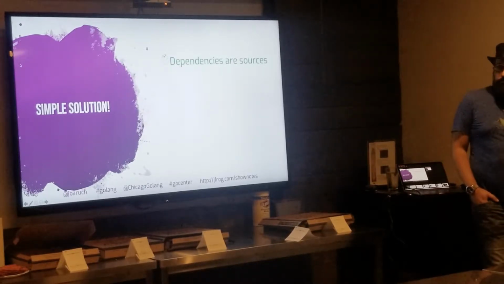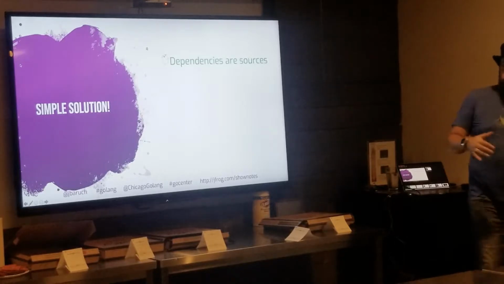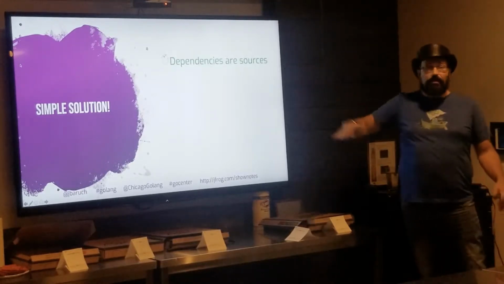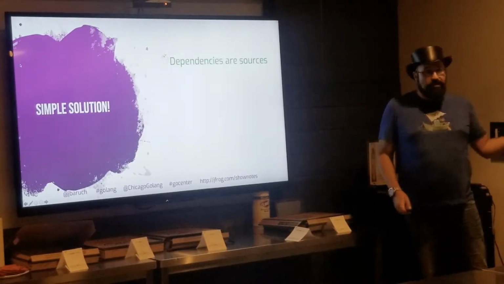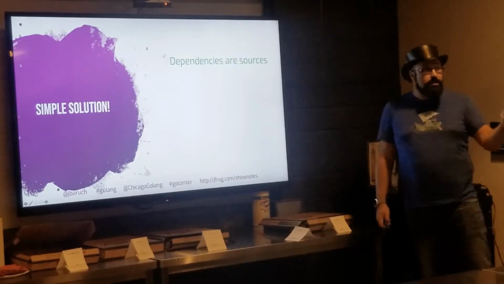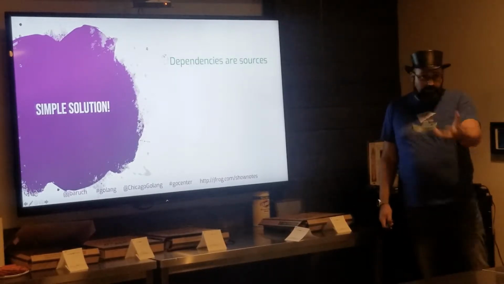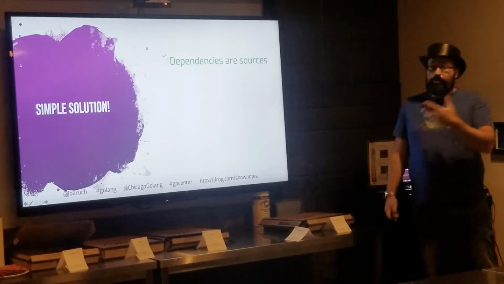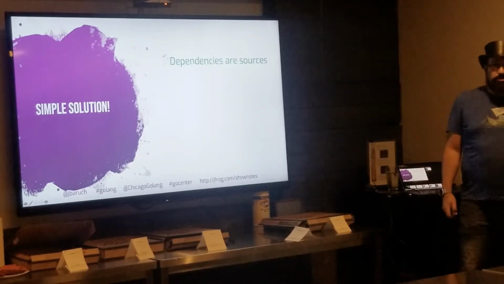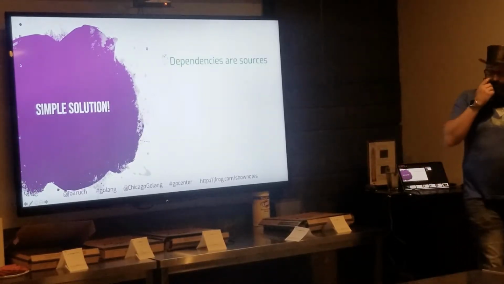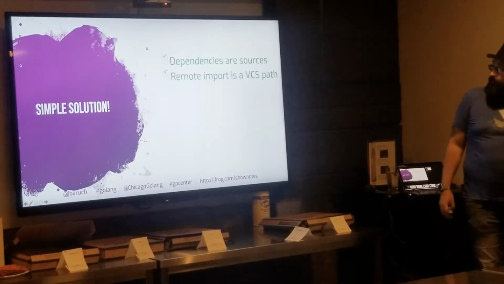So this problem was solved by declaring that dependencies are actually sources, and they will be compiled together with your sources, statically bound at compilation time. This is obviously a great decision that made the ecosystem thrive.